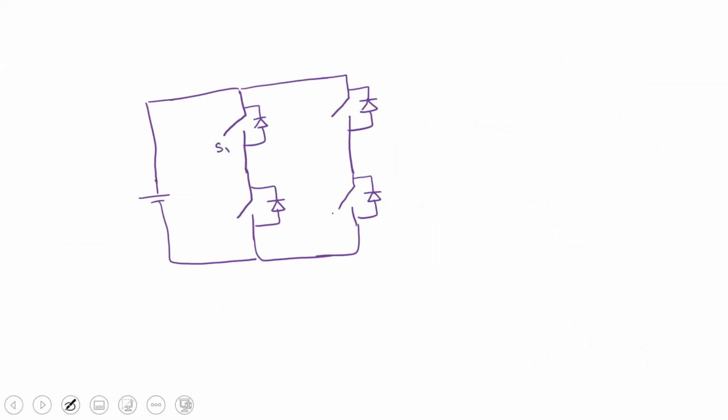Here we have S1, S2, S3, S4, and D1, D2, D3, D4, and the load is connected like this. This is A, and this is N or 0, load positive and load negative.